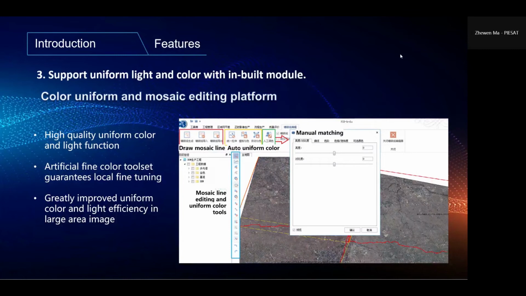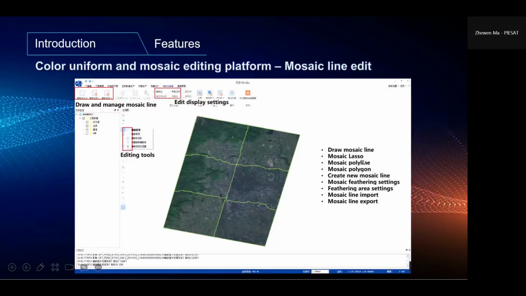On the other hand, they can also choose to use the automatic color tuning algorithms, especially when they are dealing with color tuning in a large scene at a very large volume. PyAuthor also supports the color uniform and mosaic editing platform by using the mosaic line edit function.